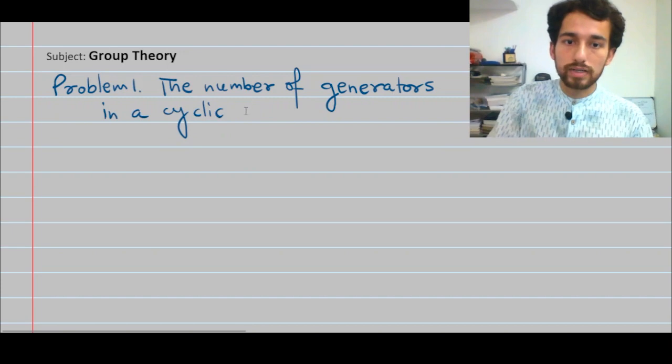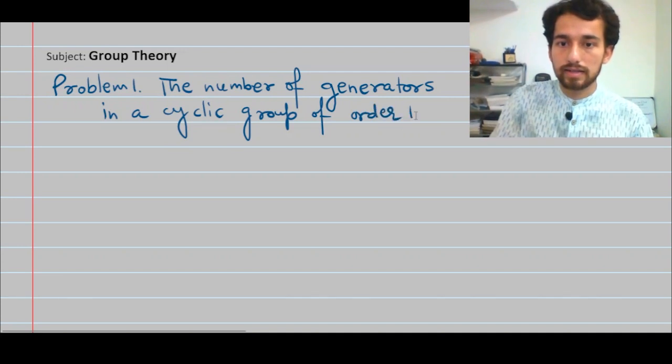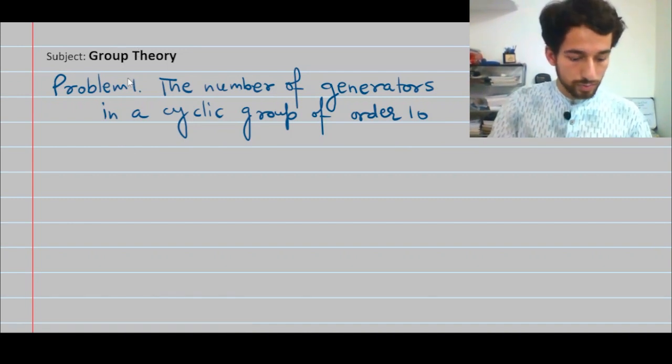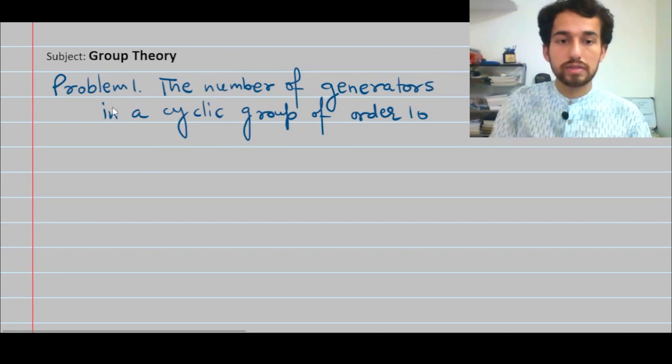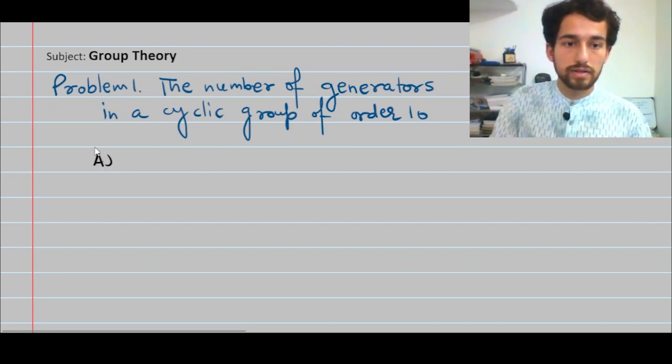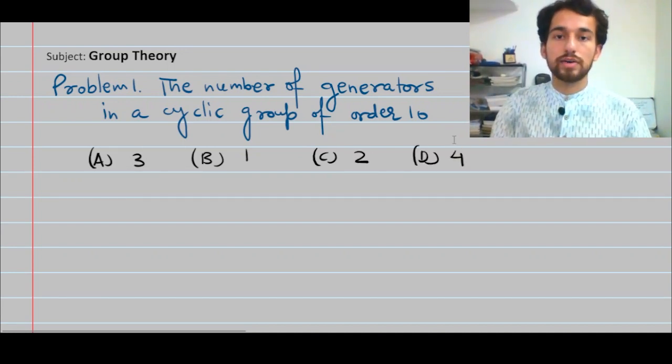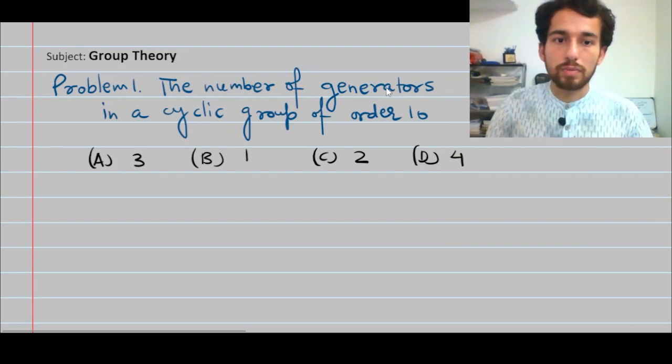In a cyclic group of order 10, we have four options. The options are as follows. Whatever the option you choose, try to give a justification for the same in the comment box.